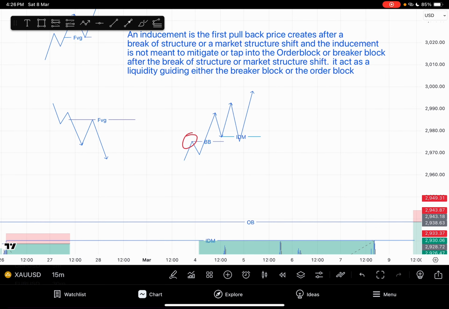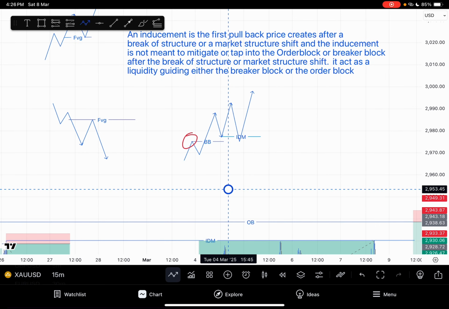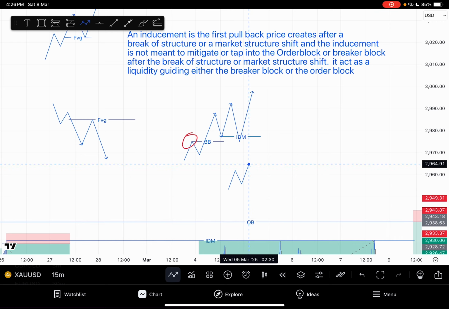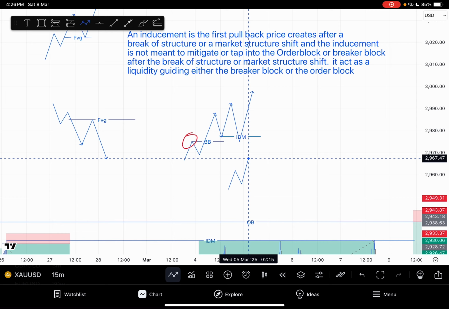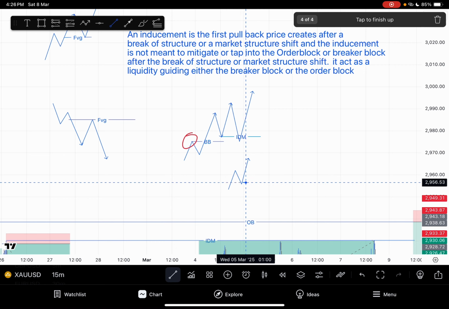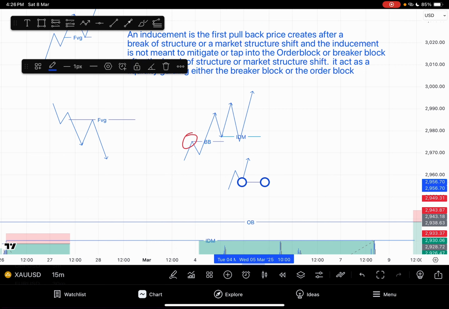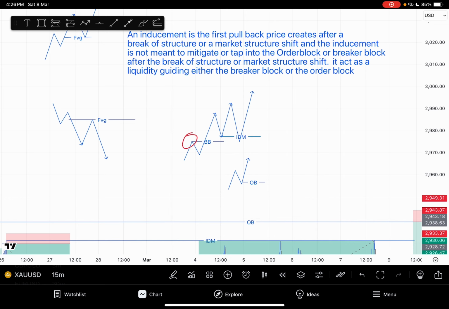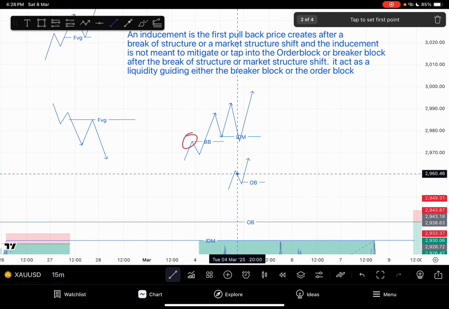And in another case, you can see price moving in this form, it creates a break of structure, and let's say there's an order block here, and there's also a breaker block somewhere here.